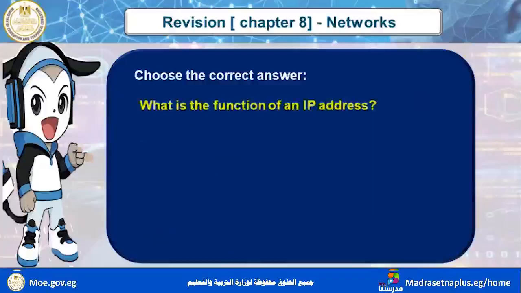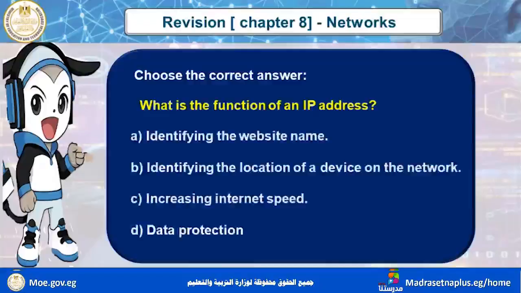Choose the correct answer. What is the function of an IP address? Identifying the website name, identifying the location of a device on a network, increasing internet speed, or data protection? What do you think? Correct. It identifies the location of a device on a network.